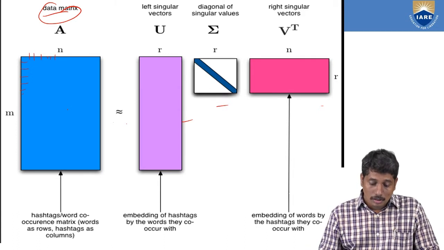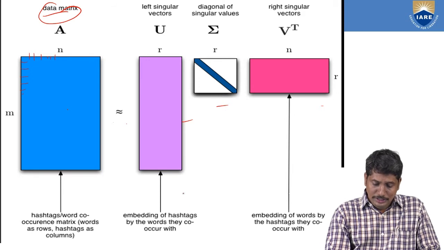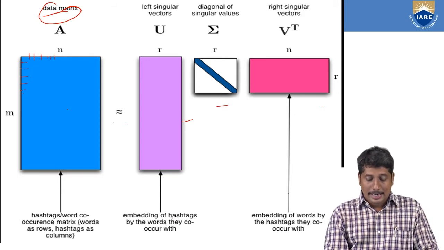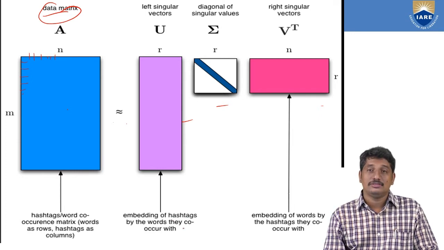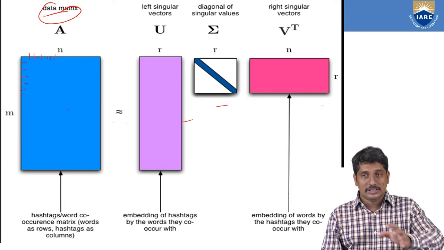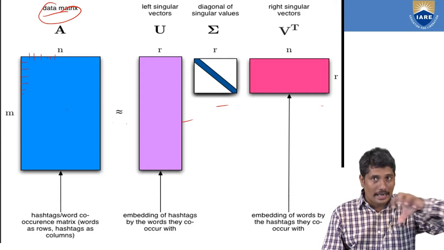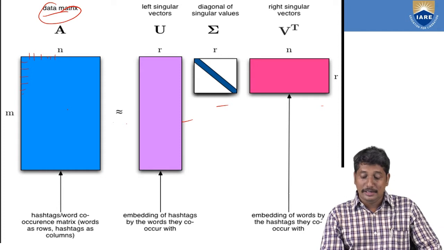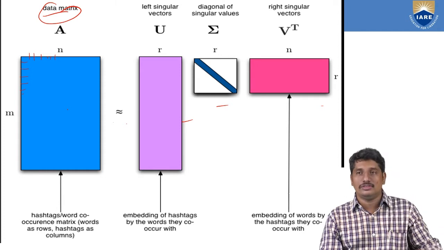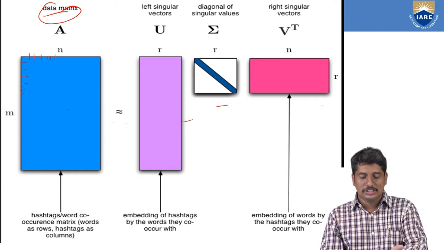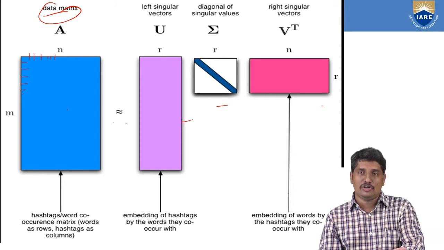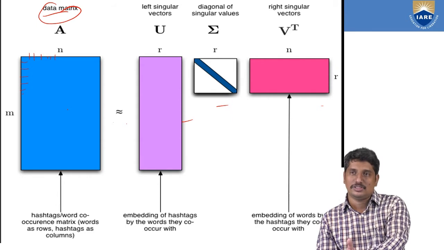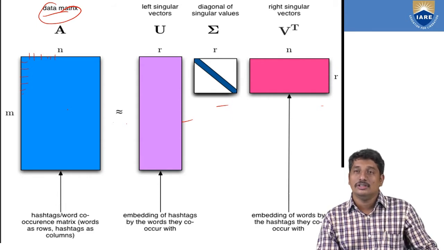Here we are dividing it into three matrices, where the pink matrix is the embedding of hashtags by the words they co-occur with, and the right side matrix is the embedding of the words by the hashtags they co-occur with. So the pink one concentrates on the hashtags, and the right side matrix concentrates on the words.